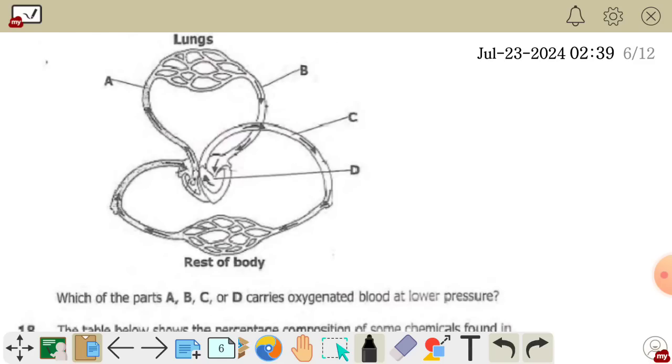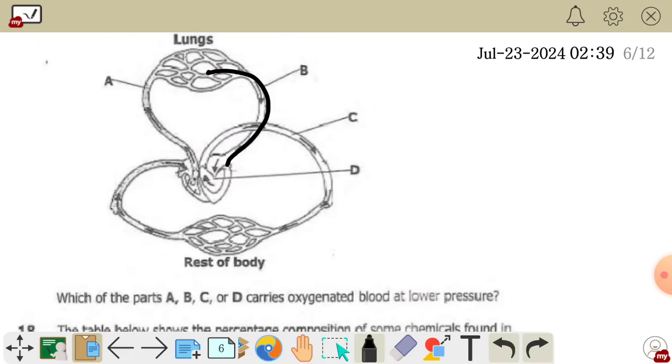So we have the tissues receiving blood from the aorta, and then the blood is taken back to the heart via the inferior vena cava and superior vena cava, and then from there we have the pulmonary artery taking blood to the lungs. Then the lungs will pass the blood to the left atrium, then into the left ventricle, and now into the aorta.